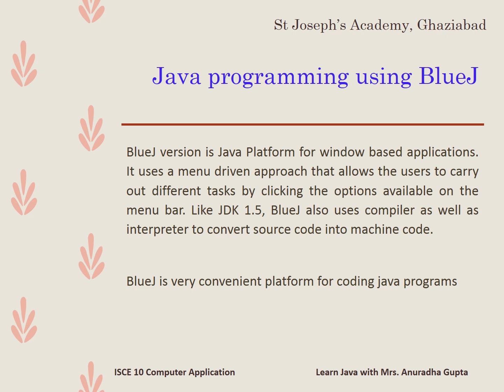Like JDK 1.5, BlueJ also uses a compiler as well as an interpreter to convert source code into bytecode. When we create any class in BlueJ, it produces a simple program for us. Because of this feature, BlueJ is a very convenient platform for writing Java programs.